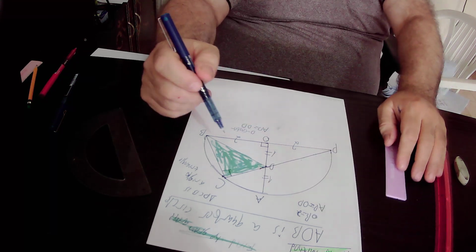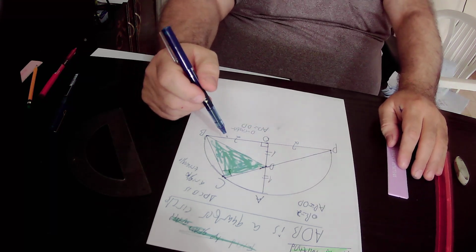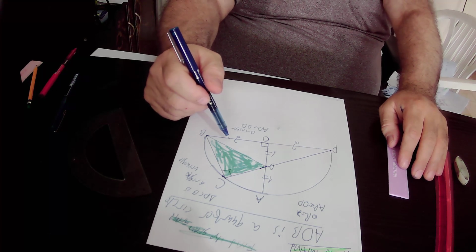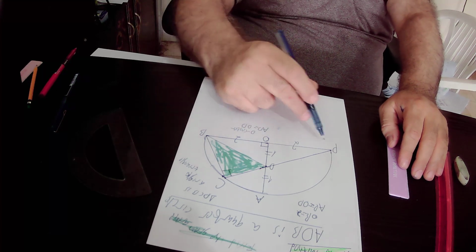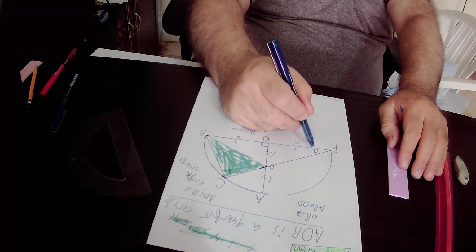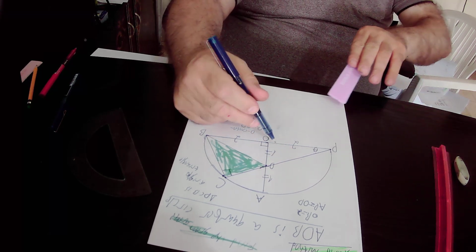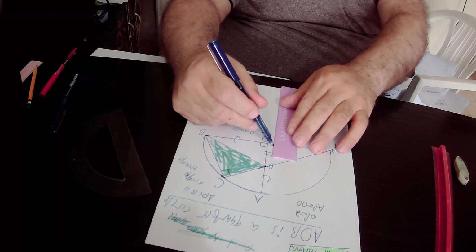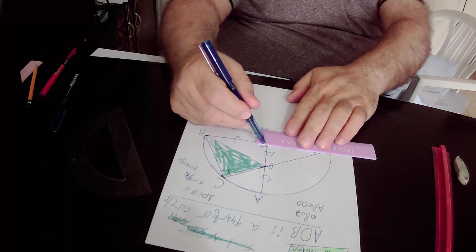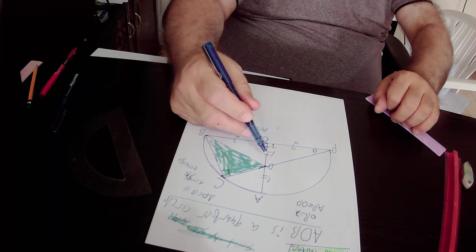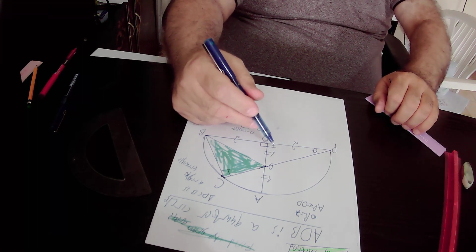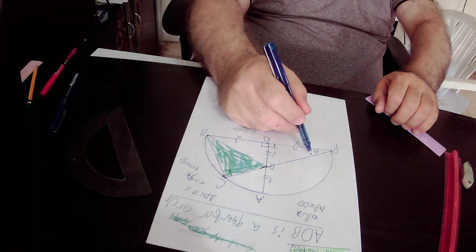Okay, according to the first method, we will define angle DOP as theta. According to the first method, angle DOP equals 90 degrees. It is a right angle. So actually inside right triangle DPO, we have this angle that is equal to theta.